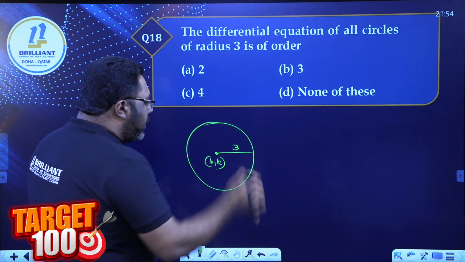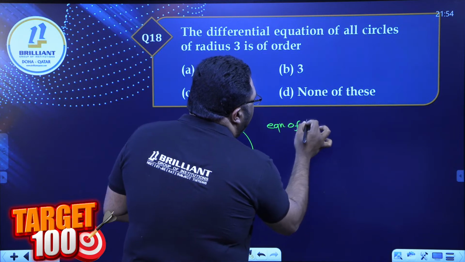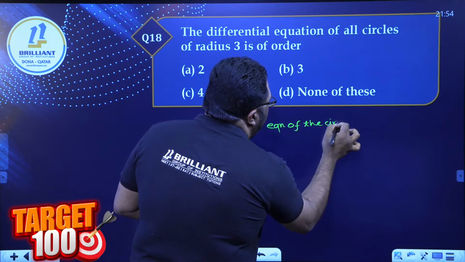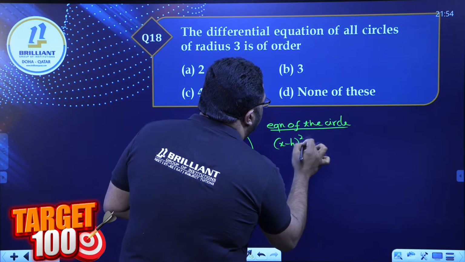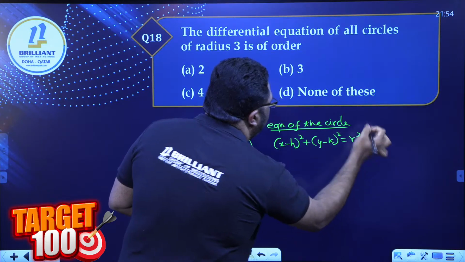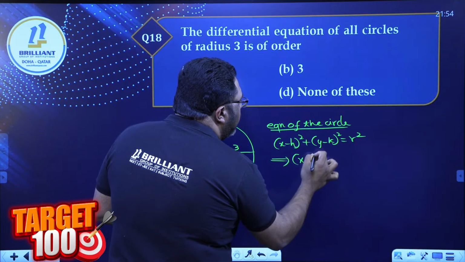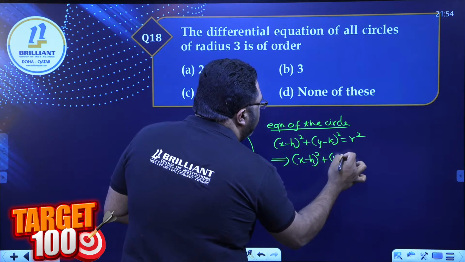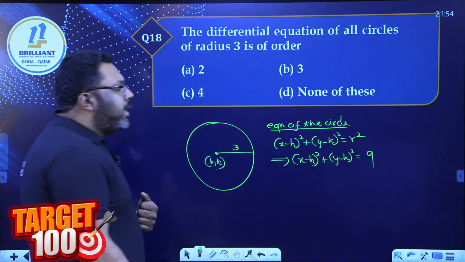Let's call it as h comma k only. And what is the equation of my circle? Equation of the circle is x minus h squared plus y minus k squared equal to r squared. No idea about the coordinates of my center is given in the question. And my radius is 3, so I can call it as 9.